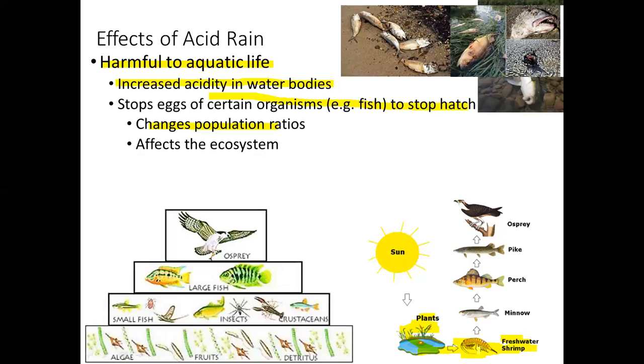Because of that, they can become extinct or die. Then these small fish, minnows, cannot find food for survival, and the whole ecosystem will be affected because of the change in biodiversity.